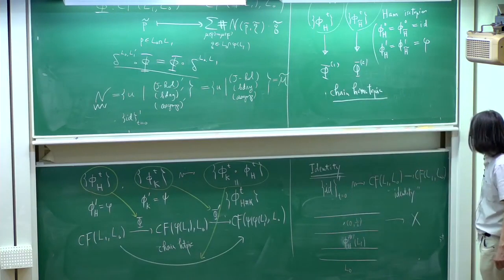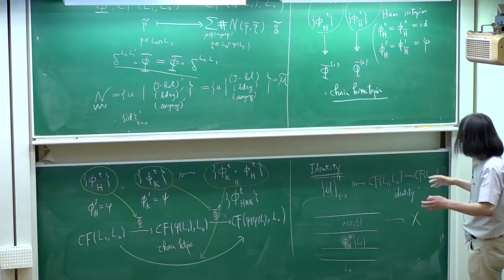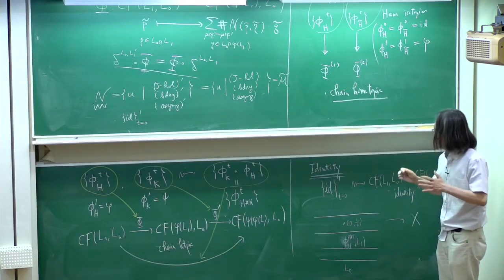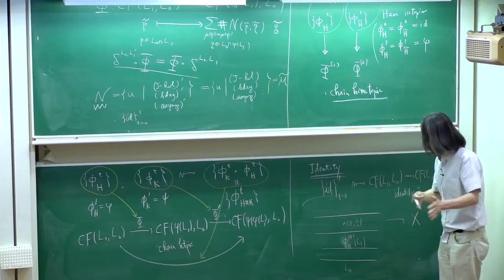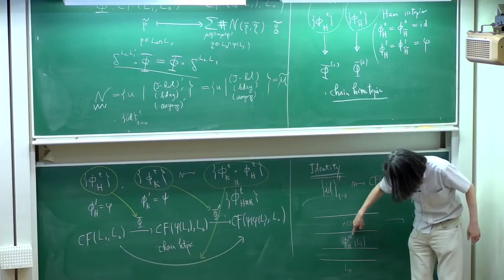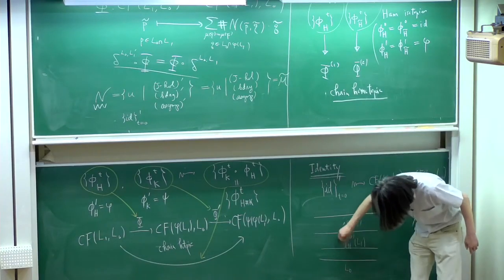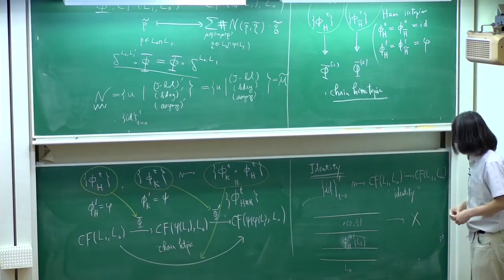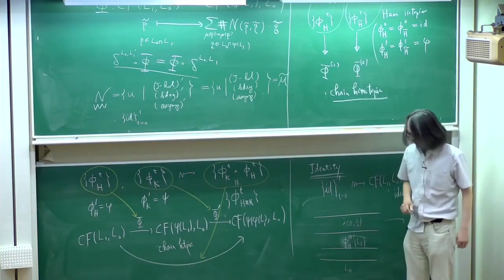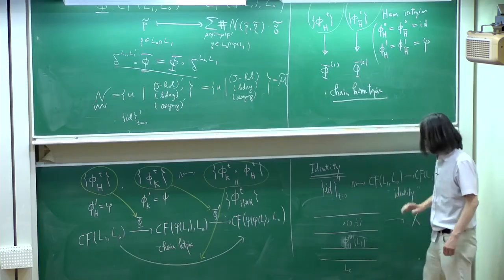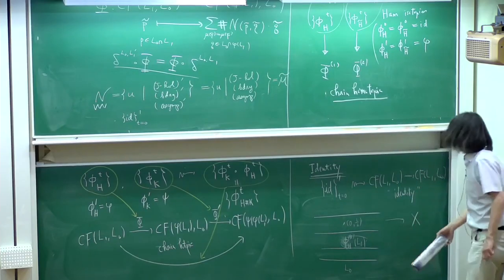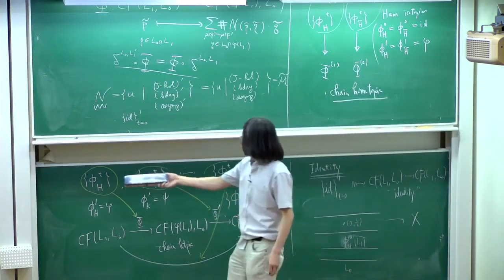I don't know how to say this. So the domain is always R cross [0, 1]. No symmetry, because this condition breaks the symmetry. But if this is constant, then you can recover the symmetry, but we don't want to do that when we consider this chain map.